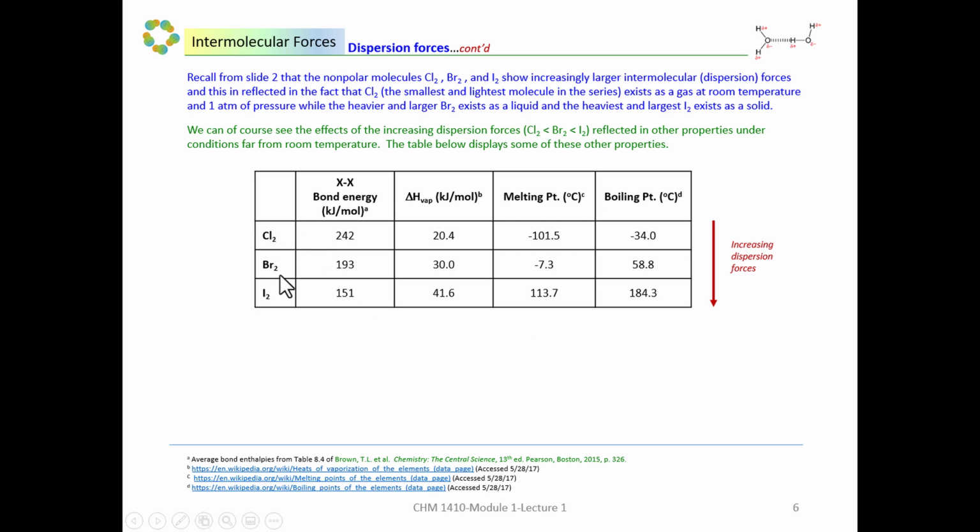We've established that, and we can see this reflected in increasing boiling points of the liquid, in increasing melting points of the solids, and in increasing heats of vaporization of the liquid forms.